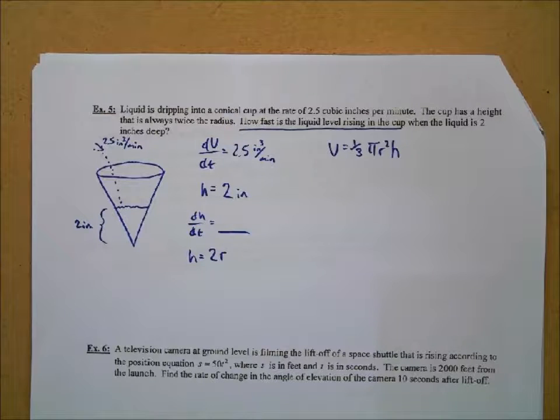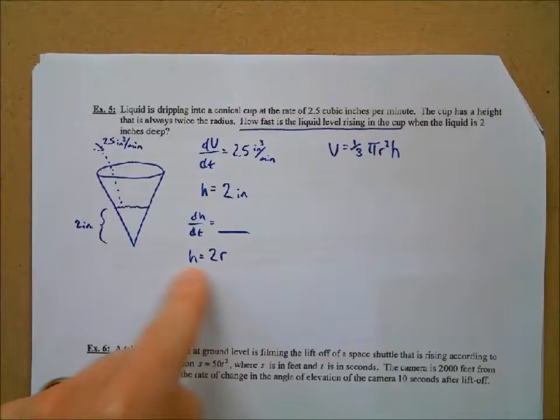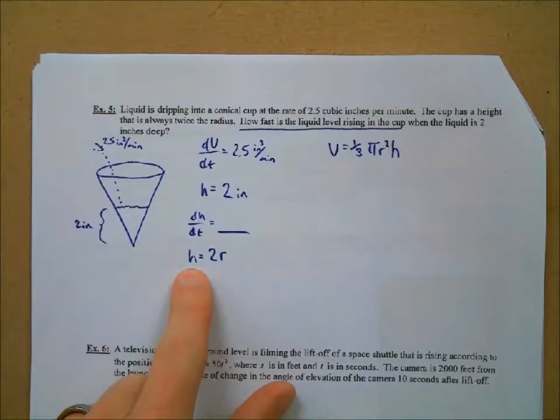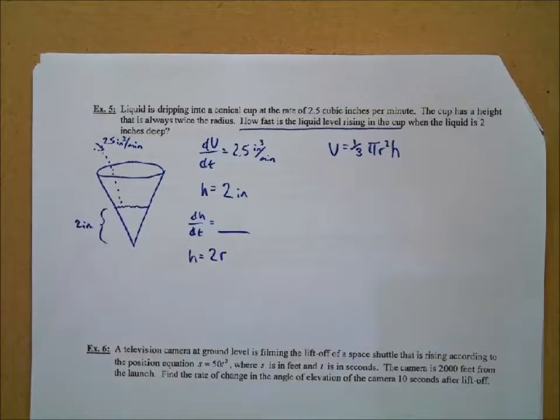We're not told anything about how the radius is changing. We could figure out the radius itself, because we have this relationship right here: the height is twice the radius. So at the instant when the height is 2, the radius will be 1, for example. But we really don't want the radius in our problem right now, because all we're interested in is dH/dt.